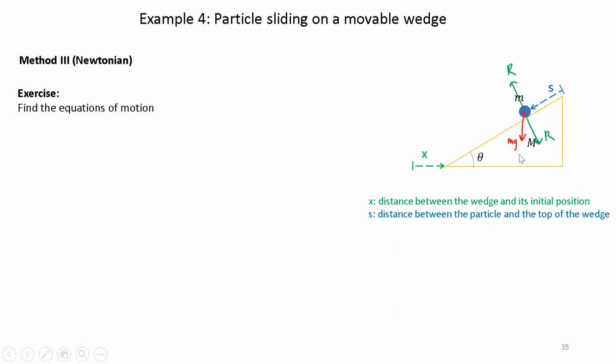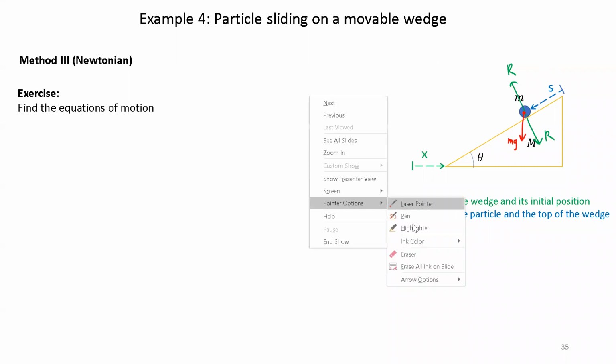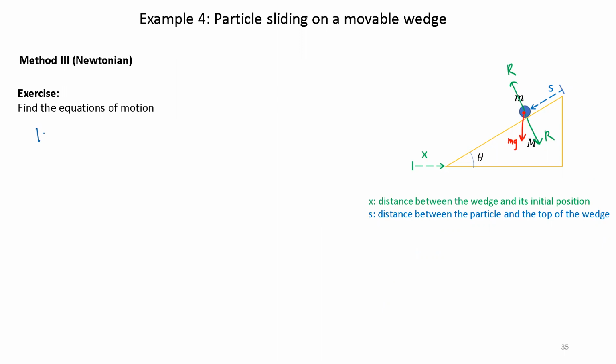Of course, the gravitational force is also acting on the wedge, but that's irrelevant, because the wedge is not going to move up or down. So now let's set up the equation of motion. Let's first look at the wedge. The only motion that we need to care about is along the horizontal direction.